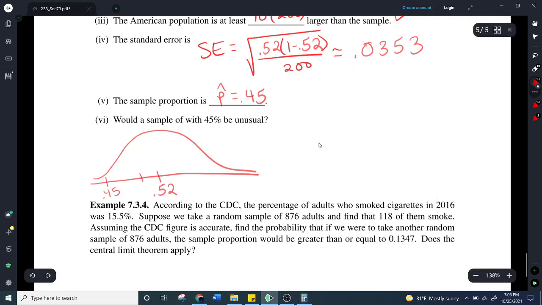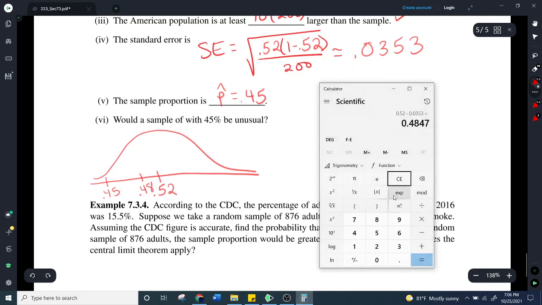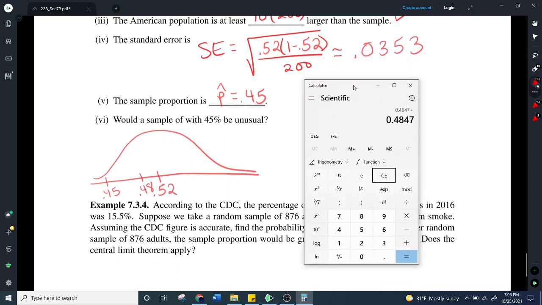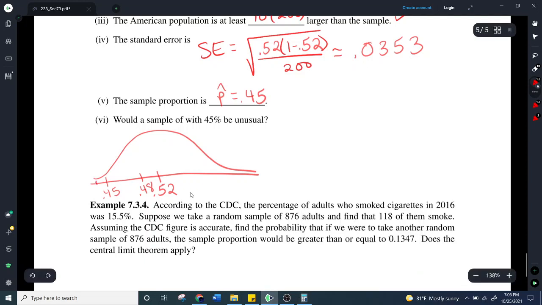So I'm going to put 0.48 here, and then let's go 1 more standard error below. I'm going to subtract 0.0353 again, and I get 0.4494, which is right about 45%. 0.4494 is actually a little bit lower, so I'll set that down here. So this is definitely not symmetric.